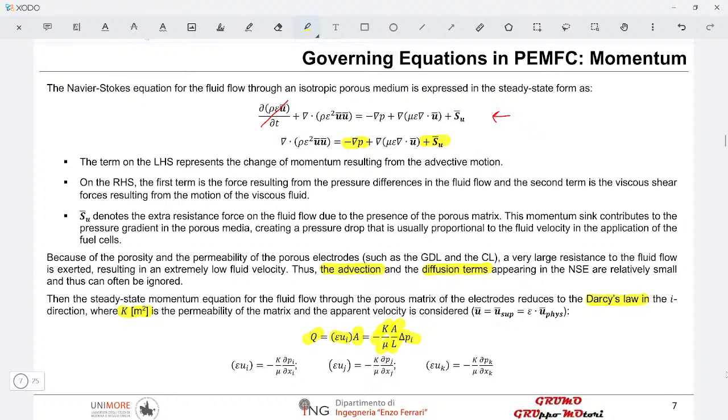And here you can easily simplify the cross-sectional area. From this equation, you can get for all three directions, i, j, and k, these relationships: epsilon times u_i equals minus K, permeability, divided by molecular viscosity times the pressure differential in that direction.